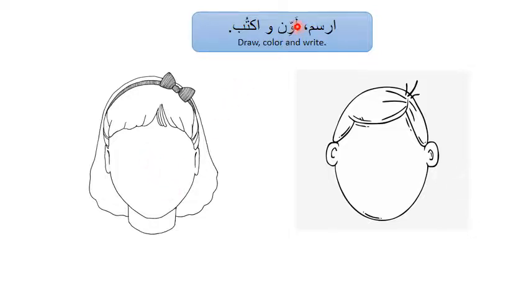And I want you to color in the eyes and the hair. And according to your coloring in, you need to write two sentences describing الولد والبنت. You need to write the sentences to describe the boy and the girl according to what you drew and what you colored in. Good luck everyone.